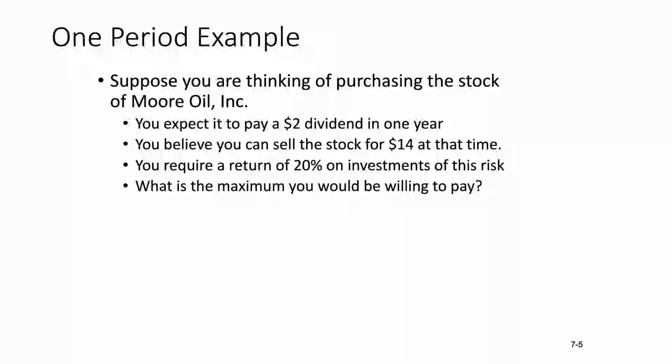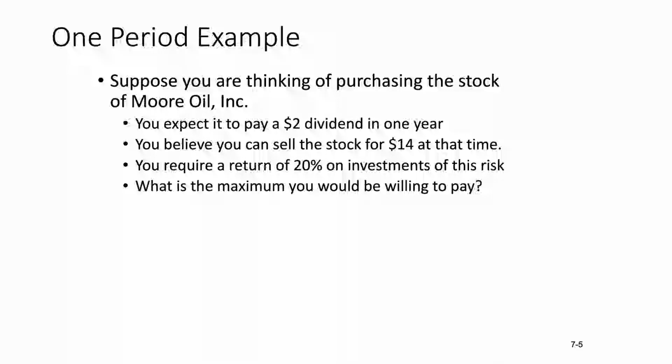Now suppose you are thinking of buying a stock. You expect that stock within the next year will pay you $2 dividend. And that particular stock, you think a year from now, you can sell it for $14.